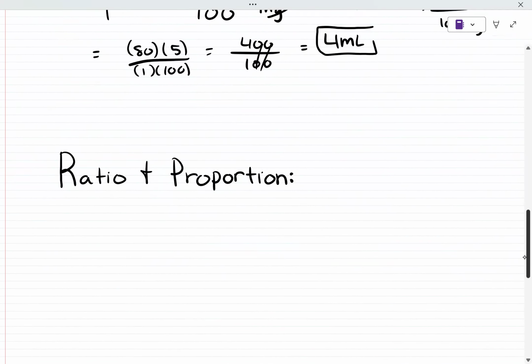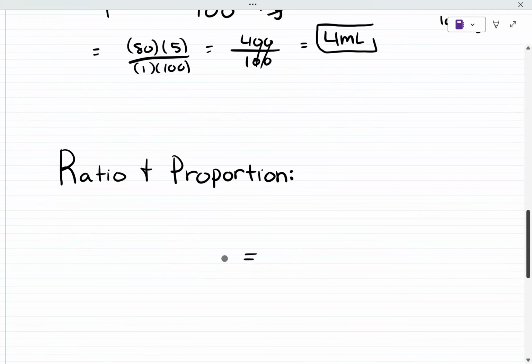Now let's solve the same problem using ratio and proportion. We write it as a fraction, and our units should be milligrams per milliliter, which means the other side should also be in milligrams per milliliter.